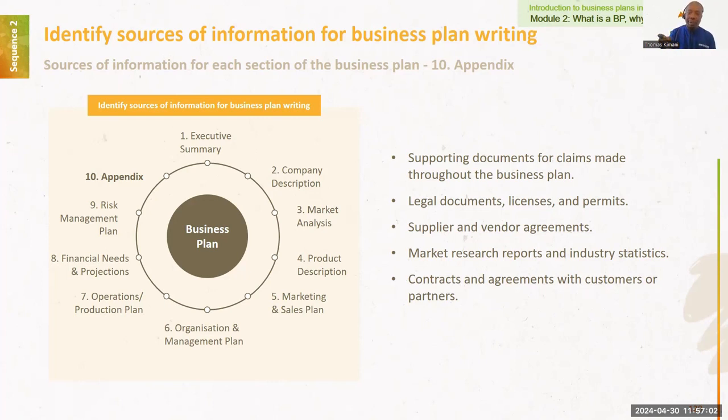This is my company description. This is the legal documentation. This ascertains that it is indeed what my company is about. The legal documents, supplier and vendor agreements, contracts, market research, whatever you need to support what you have said in the business plan.